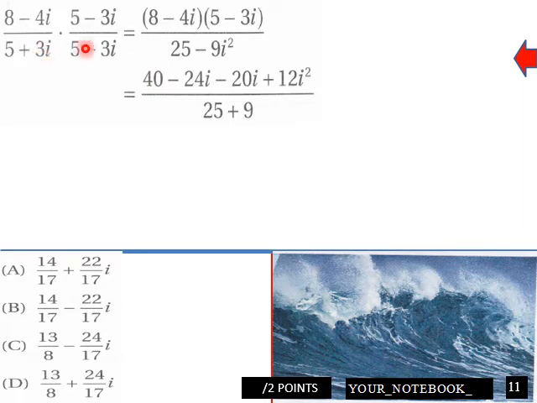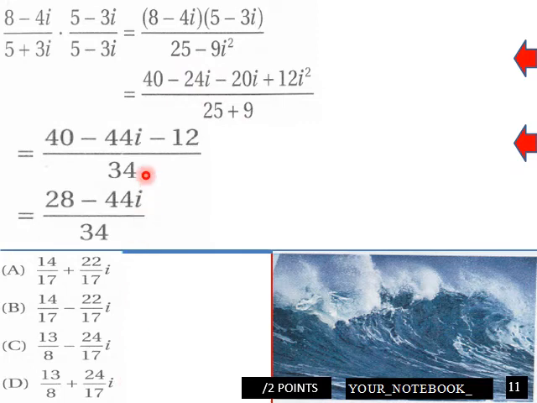So if we do that here, 5 minus 3i over 5 minus 3i, we get this expression when we FOIL these two binomials. So we get this in the bottom. We do the same thing down here: 25 minus 9i squared. This becomes 25 plus 9. And then up here we have this. Further simplifying, this becomes 34.